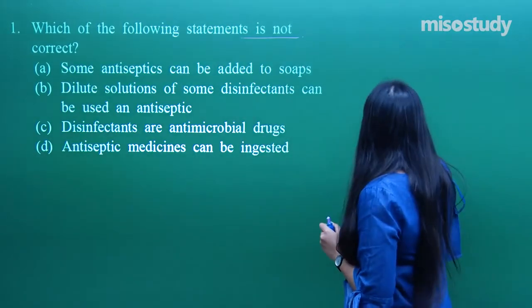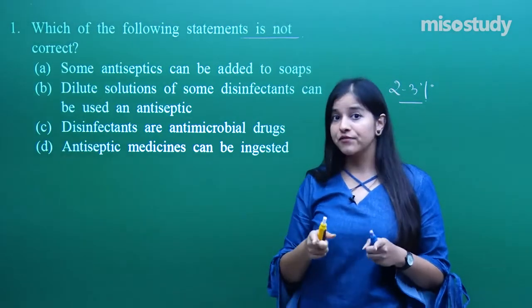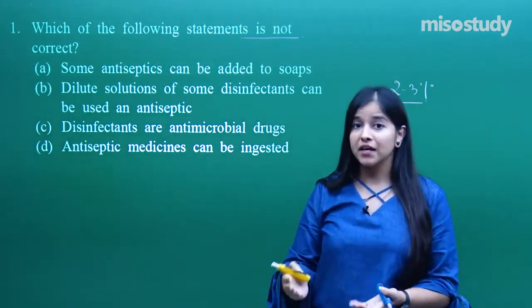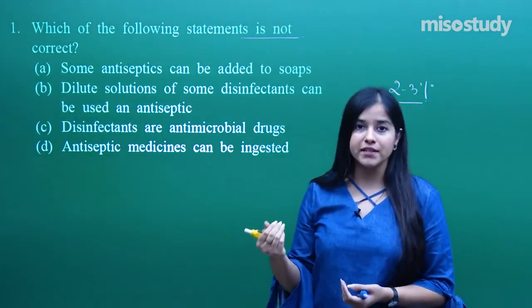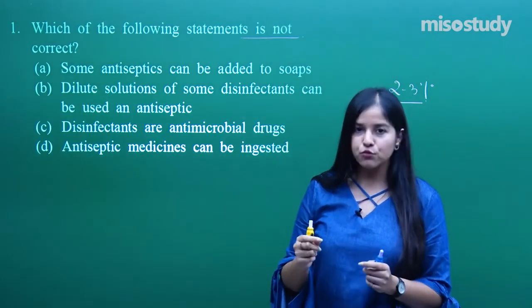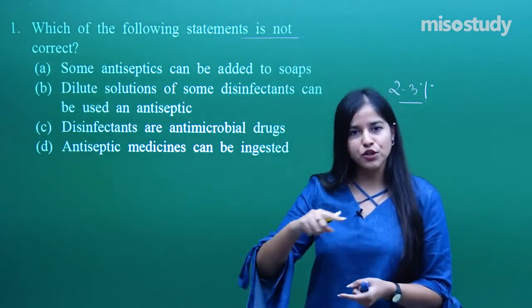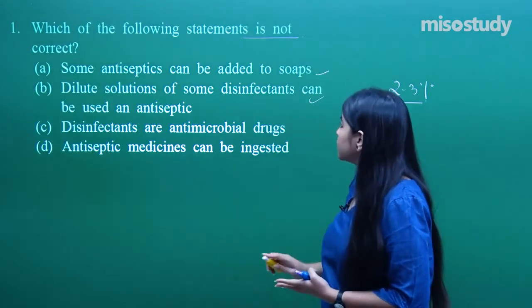A 2 to 3% solution of phenol is used as a disinfectant, which may harm our skin. But if I reduce its concentration to 0.1% phenol, it acts as an antiseptic and we can use it on our skin. So these two are true.